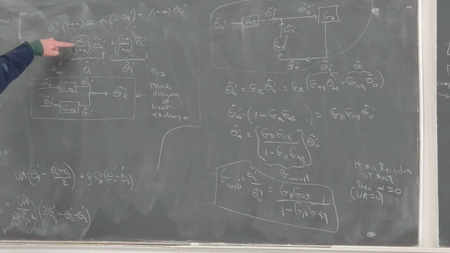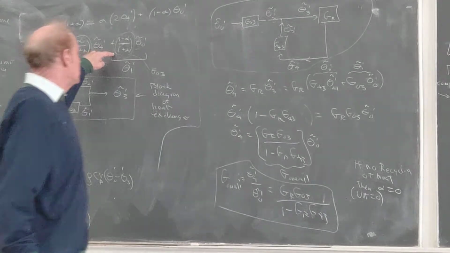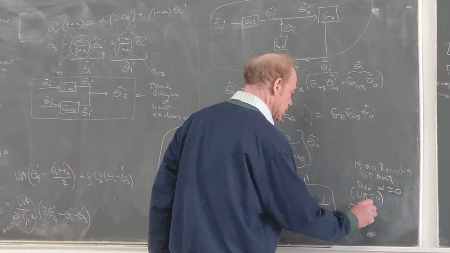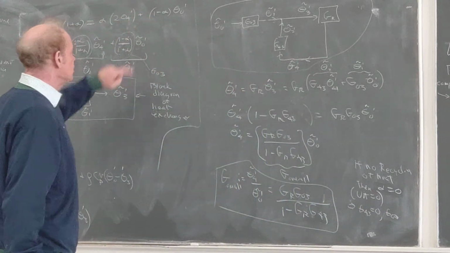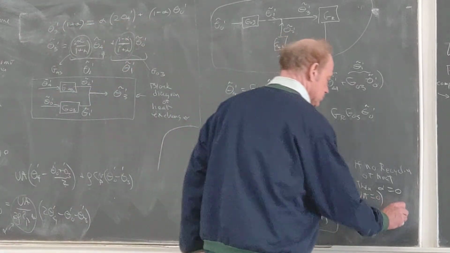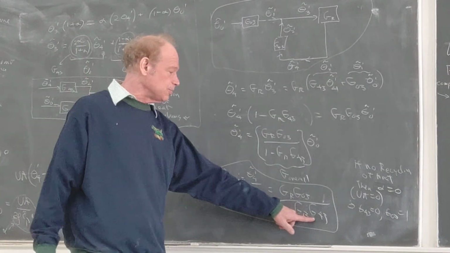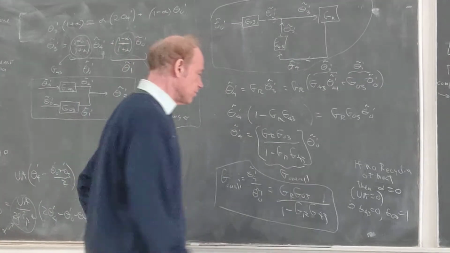If there's no heat exchange, then alpha is 0. If alpha is 0, G43 is 0, and G03 is just 1. So if I set G43 equal to 0, G03 equal to 1, I just have GR.